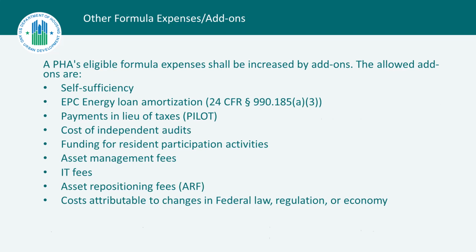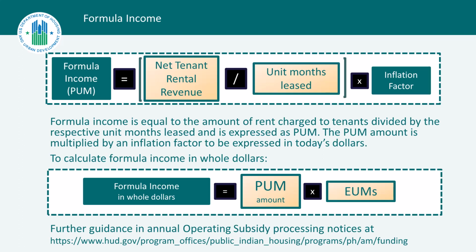Formula income is an estimate of the PHA's net tenant rental revenue divided by the unit months leased, or UMLs, and is expressed as a per unit month, or PUM amount. The FDS data is 2 years old, so the PUM formula income is multiplied by the formula income inflation factor. The formula income is pre-populated based on audited fiscal year end, or FYE, financial statements approved in the Financial Assessment Subsystem, FAS.